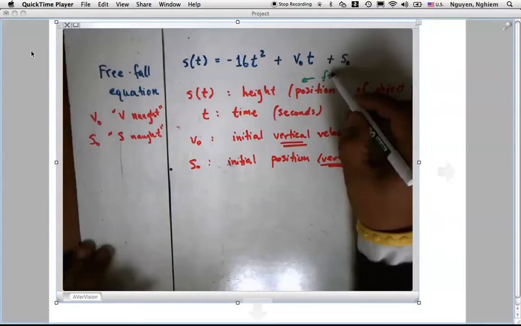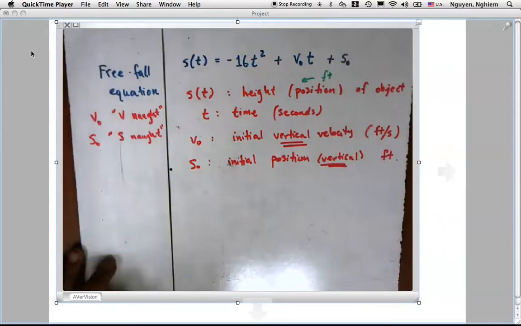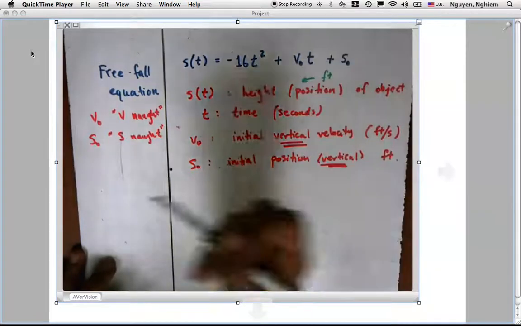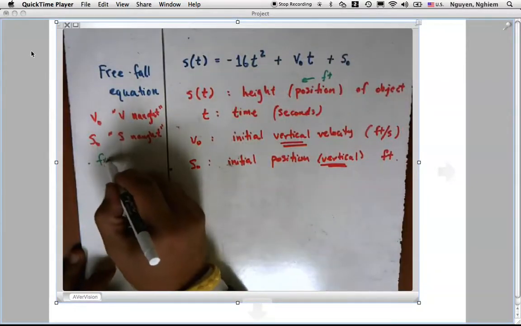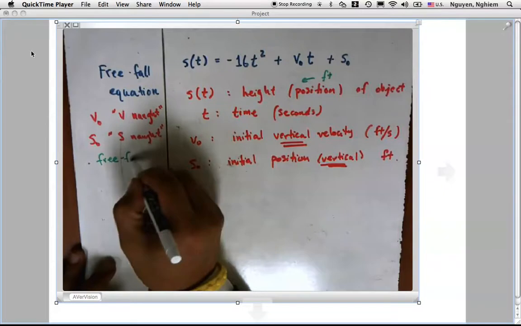So this equation works under the following circumstances. First is that it's a free-falling object. For example, an airplane that's being powered by an engine is not free-falling, but a golf ball that's hit directly into the air would be considered a free-falling object, because there's no power.